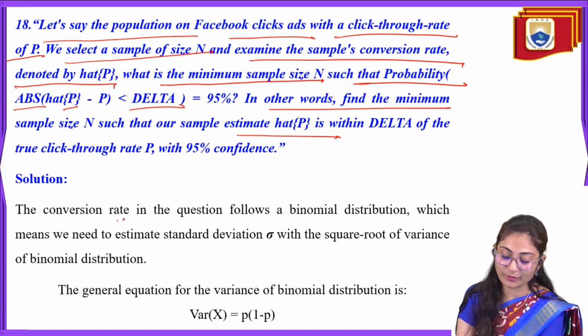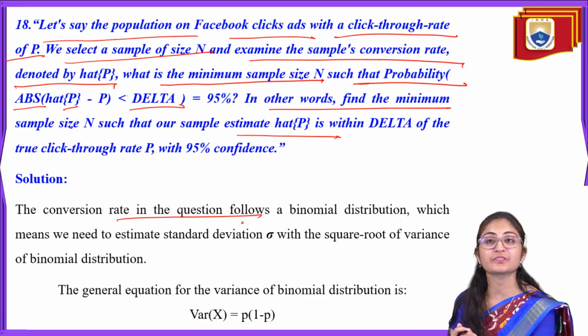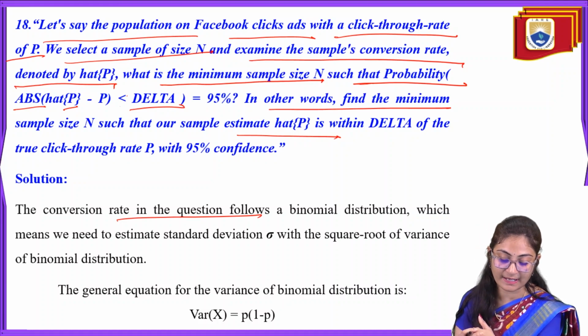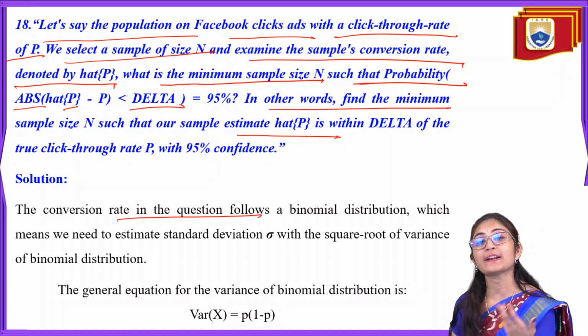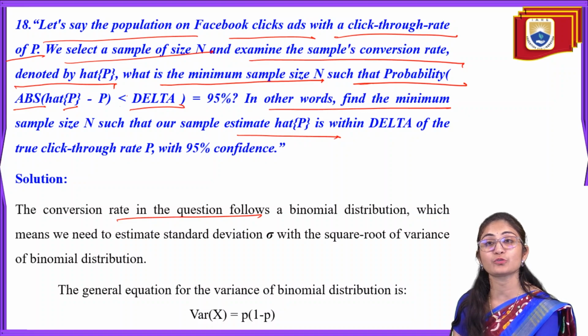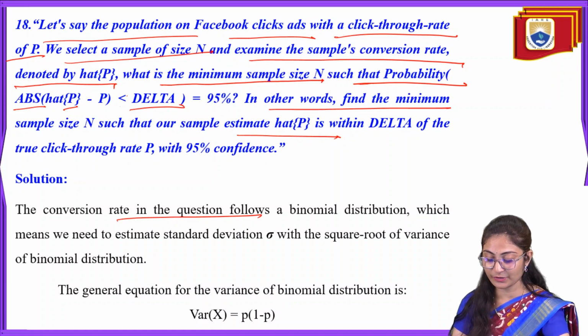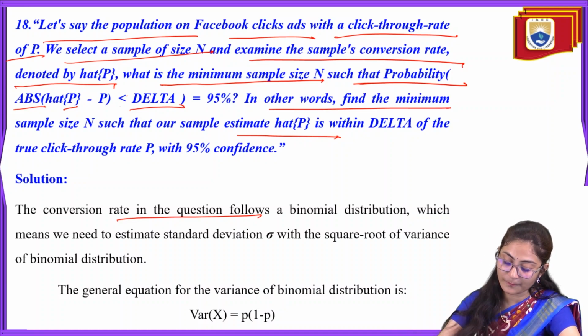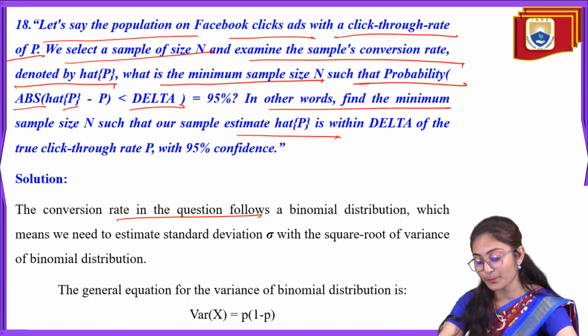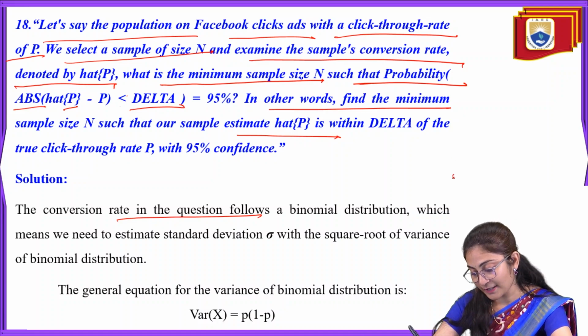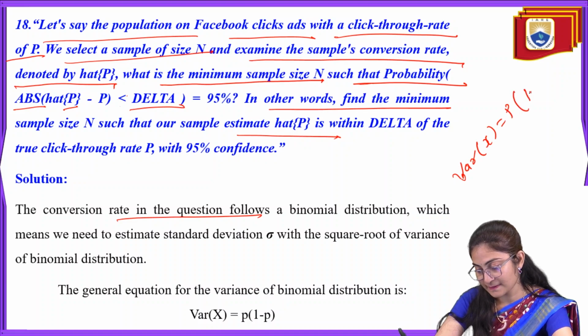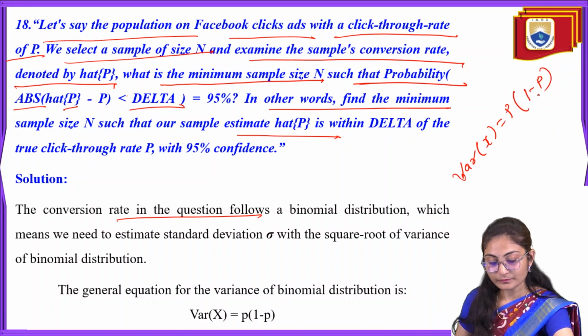So here the conversion rate follows a binomial distribution, which means we need to find the standard deviation as the square root of the variance of the binomial distribution. The general equation of the variance of binomial distribution is variance of x equal to p(1 minus p).